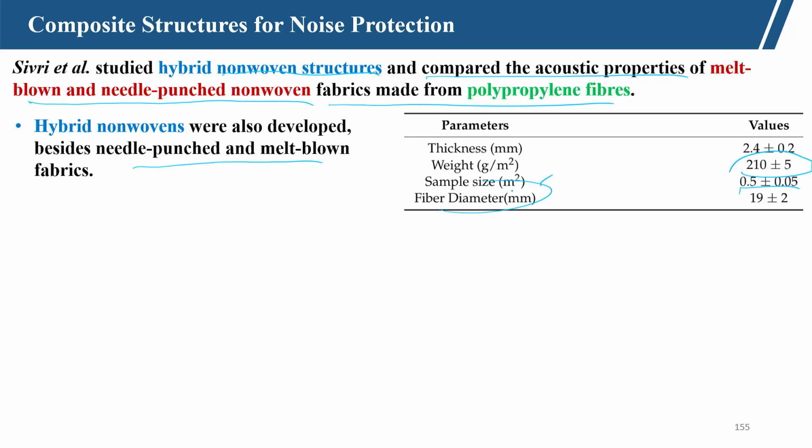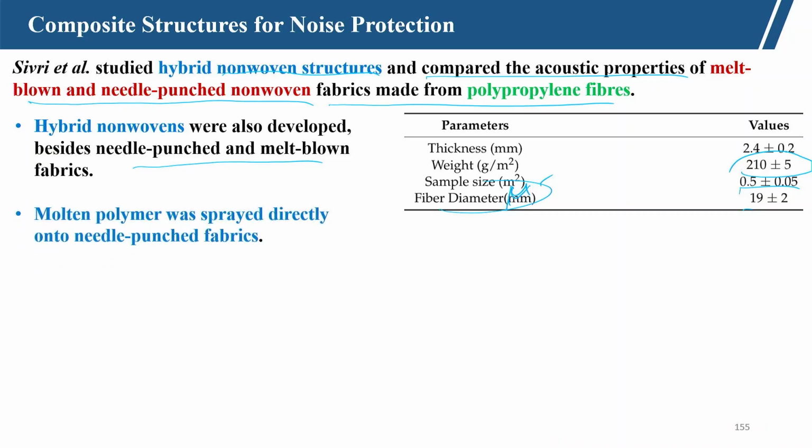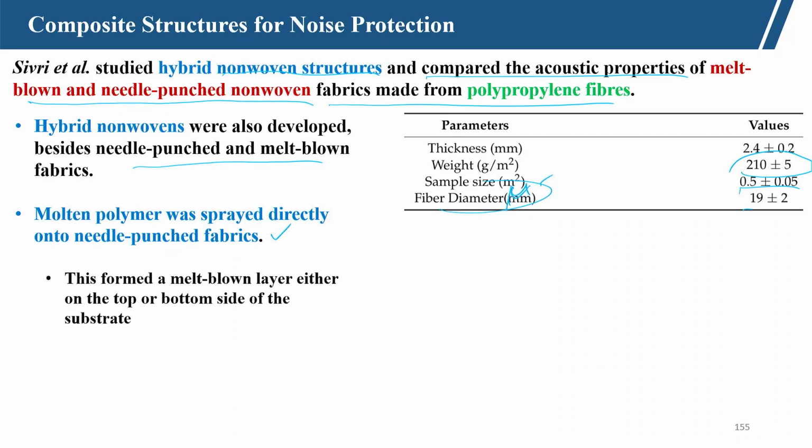This is in micrometer, 19 micron, not millimeter, it is a micron. So, molten polymer was sprayed directly onto the needle punched fabric. This formed a melt blown layer either on the top or on the bottom.